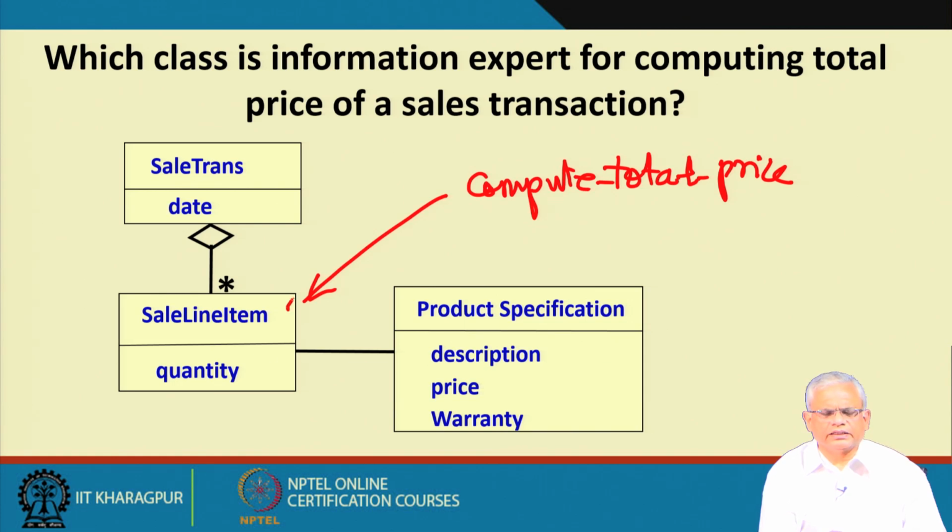For that, it would need an association with the sales transaction, a link to the sale transaction object, and then request what are the other line items, and then it would need a link to the other sale line items, that is a self association to the other objects of the sale line item, and then request what is the item purchased, and also it will need a link to the other product specification objects, also extremely complicated.